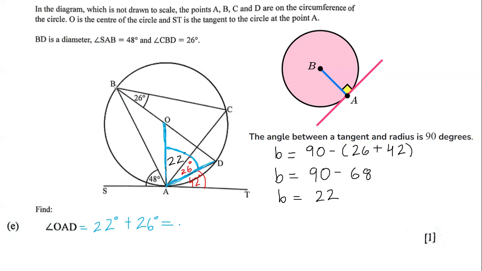It's going to be equal to 48 degrees. That means angle OAD, which is this particular angle here, is equal to the sum of 22 and 26, and that gives us 48 degrees. And so that's the answer to this particular question.